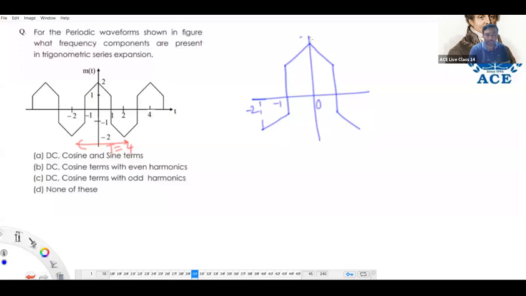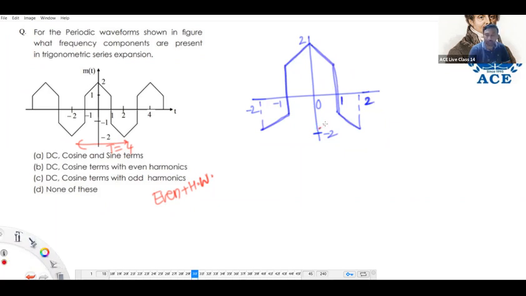It is even symmetric, and of course also half wave. Even plus no DC, because positive and negative amplitudes are the same. As both halves are same, x(t) equals x(-t) condition holds. Even then, how is it obeying half wave?